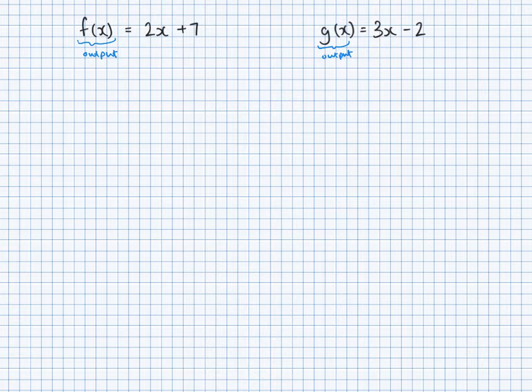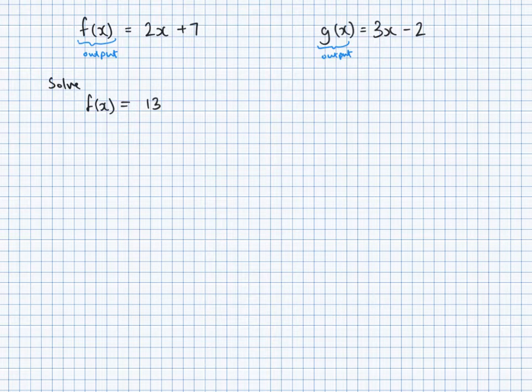So if I was to say f of x is equal to 13, and we're asked to solve f of x is equal to 13. What that means is I need to find the value of x when f of x is equal to 13. So I can substitute 13 here for f of x and then solve my equation for x.